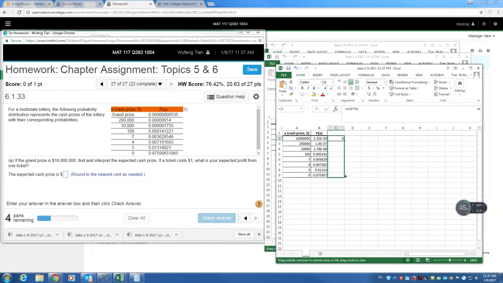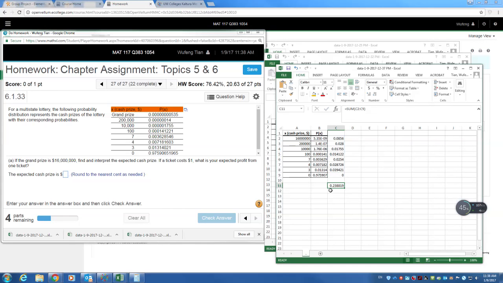Add them together. Equals this number multiplied by this number, and then drag down. Okay, that's your total. You can take the sum of all of the profit, the return.